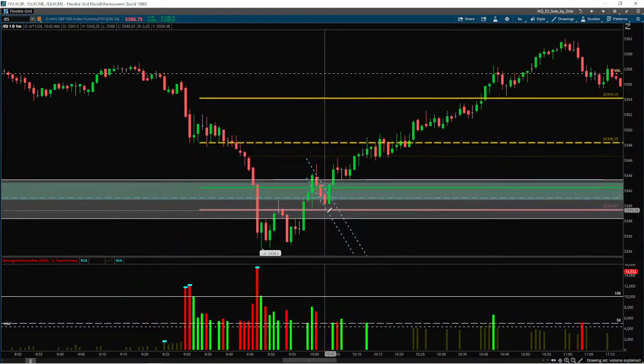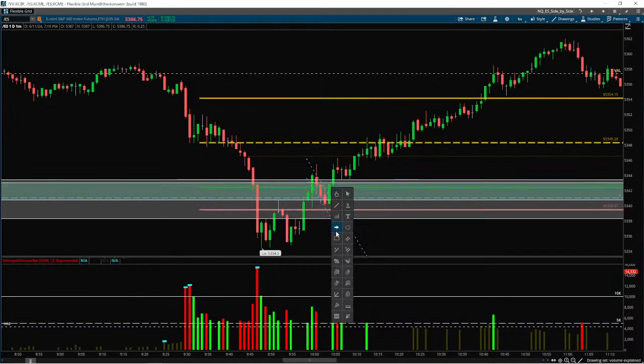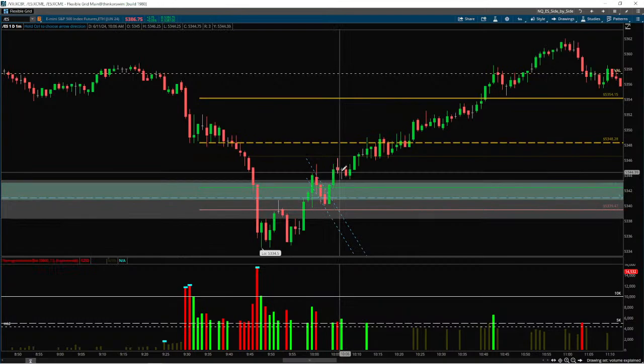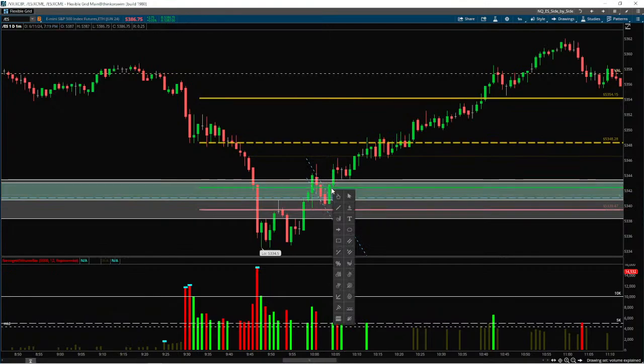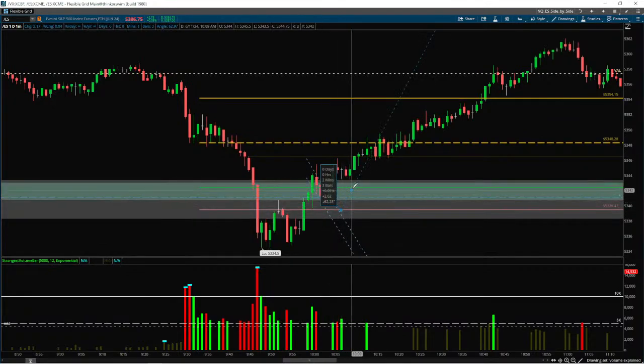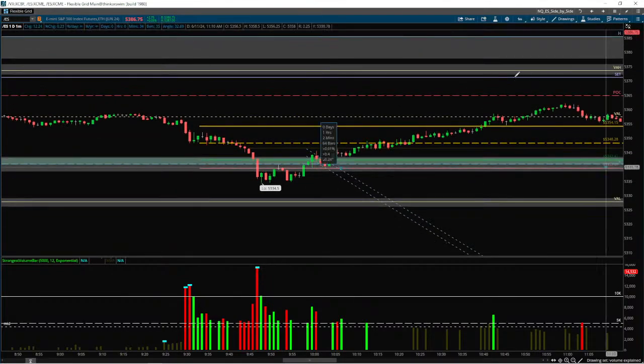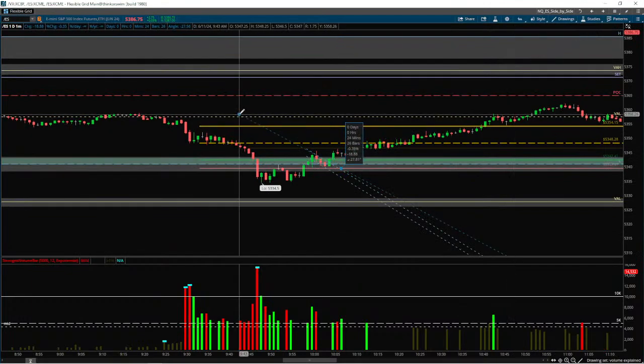Once price broke above it, I was interested in buying. This was my mock entry that I created, risking about 3 points to make about 6, and hopefully to make up to this level here if price was moving fast enough.